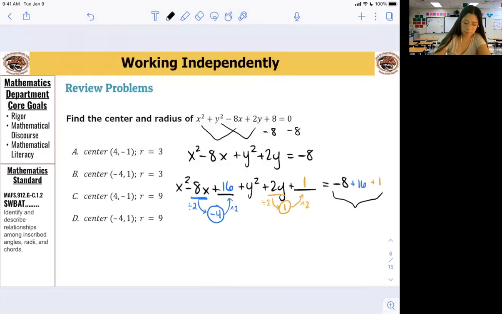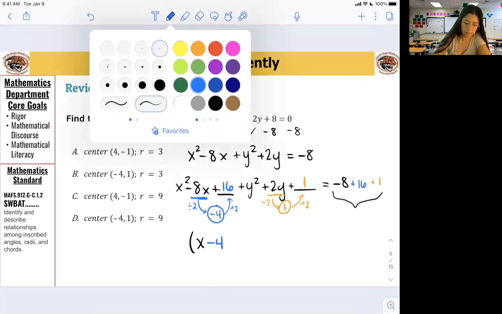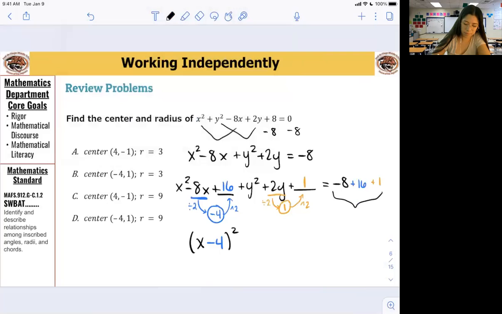On the left side, we're going to factor. So when we factor, that's where the magic number comes back. Because on the left side, I have x minus 4 squared. And I have y plus 1 squared. And when I combine like terms over here, I have 9.